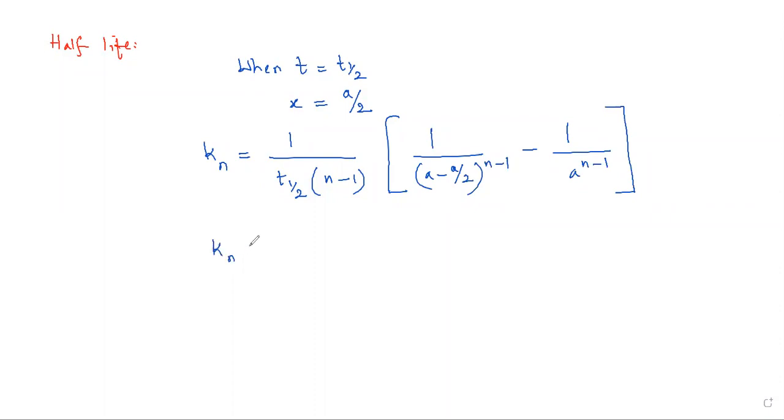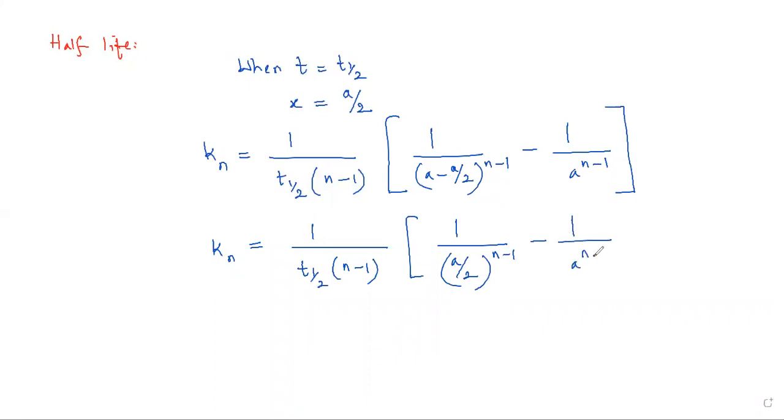So this kn can be written as, let us write one more expression: t half into n minus 1 by this, which is of course a by 2 to the power n minus 1, minus 1 by a power n minus 1.